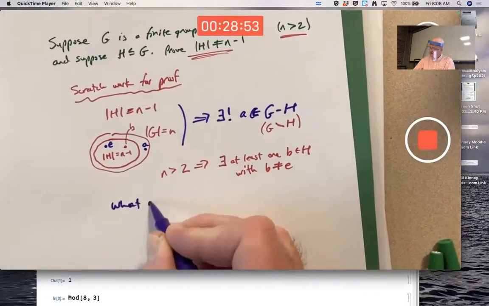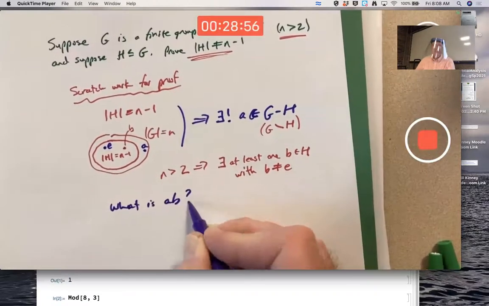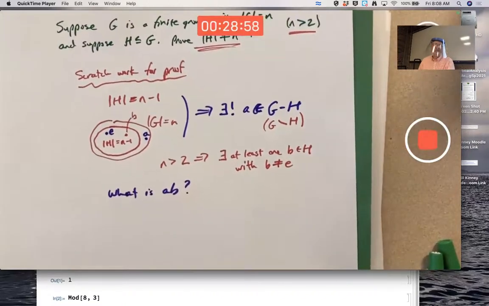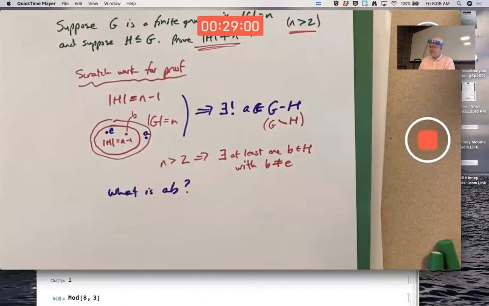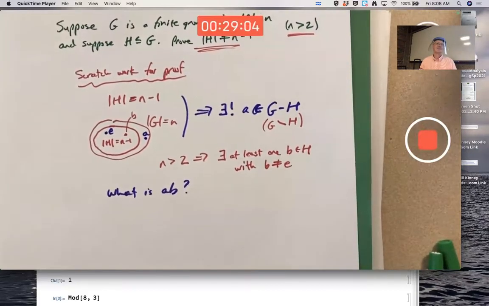What is A times B? Well, you don't know what it is, but there are two elements you can definitely say it's not. What two elements can you definitely say A times B is not?